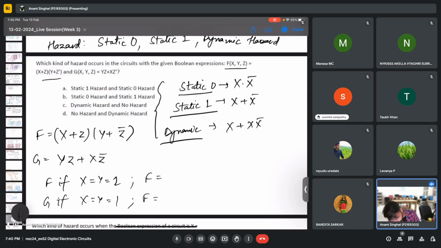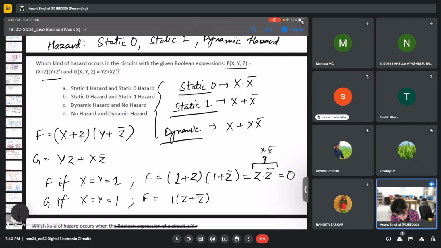Okay, so I just put in 1 plus z and 1 plus z complement. So it will be nothing but z complement, which will be 0. But you can see we have a term similar to x times x complement. And similarly, if I do it for g, it will be z plus z complement, which will be 1, but we have a term equivalent to x plus x complement. So for F, we have a term Z complement, so a static 0 hazard occurs.